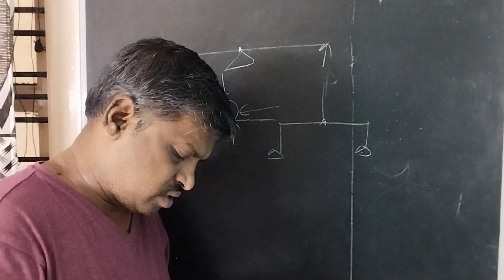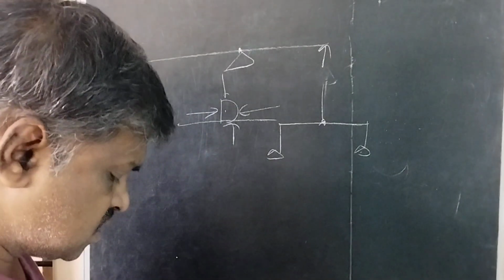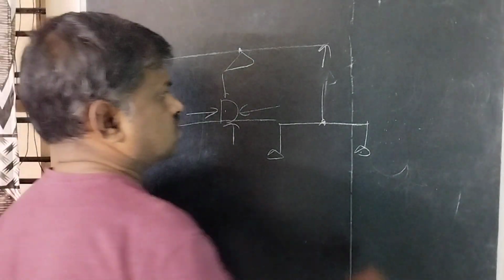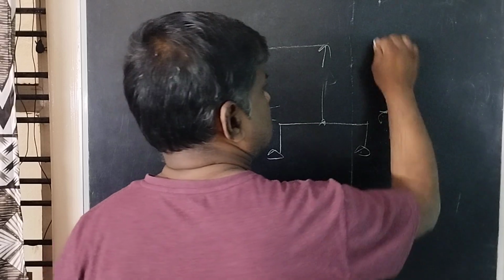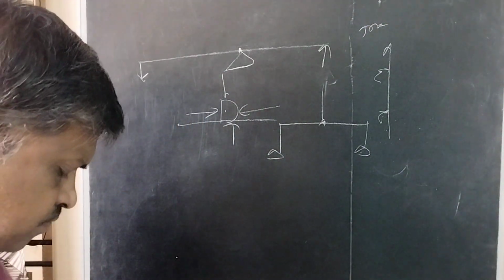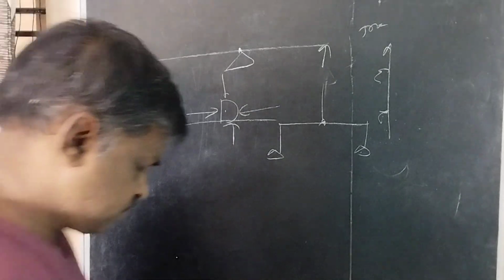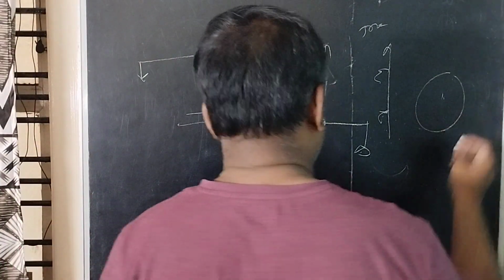It may be translational motion, for example a car going in a straight line at constant speed without changing anything. It is called translational equilibrium. A running fan also is dynamic equilibrium.